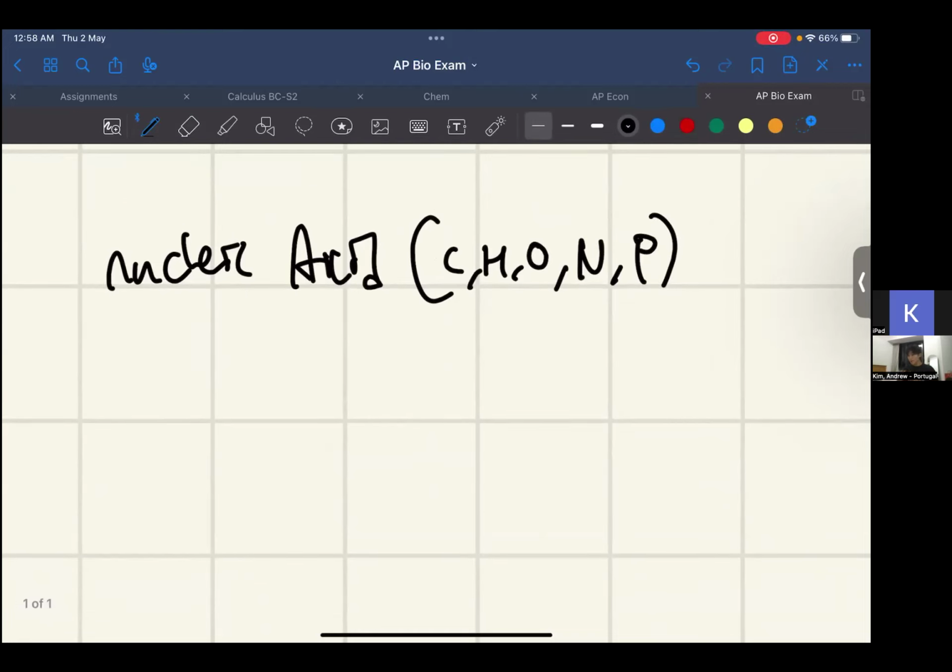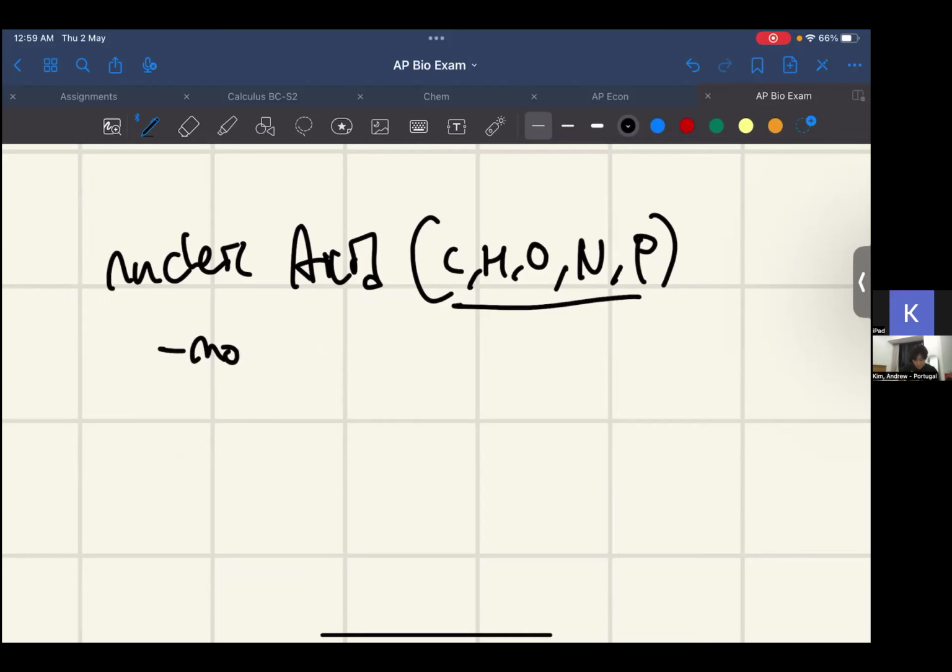So how are we going to remember? I was trying to think about a lot of different ways to make this easy to memorize. I really couldn't. I mean, just chomp. It sounds good, right? Nucleic acid is the longest one. It has the most diverse atoms composing it, but just remember it's chomp, okay? Just nucleic acid is chomp.